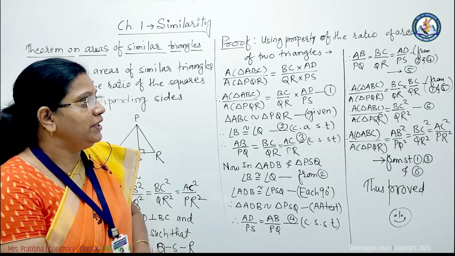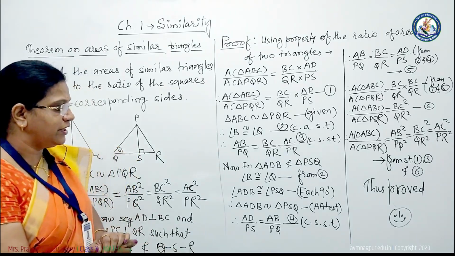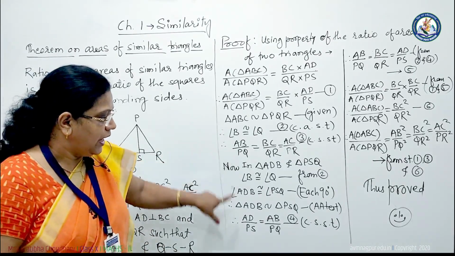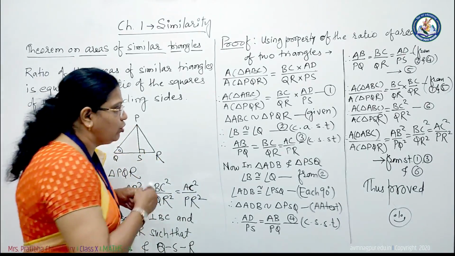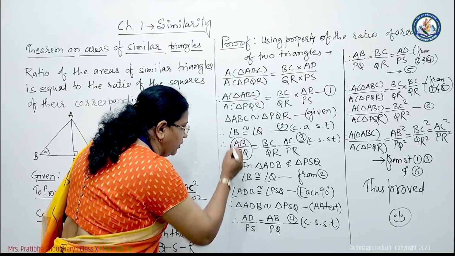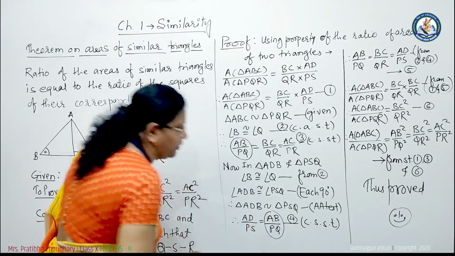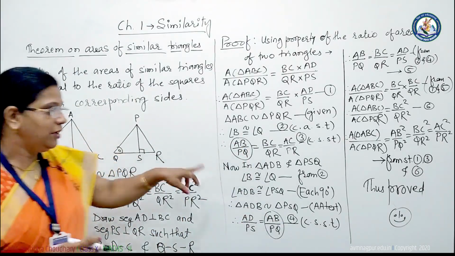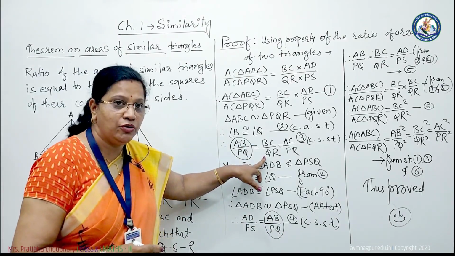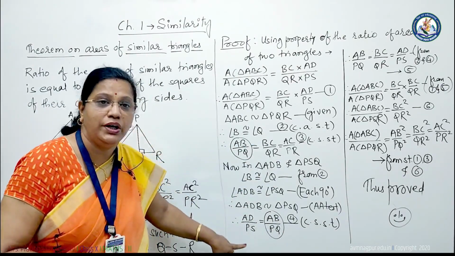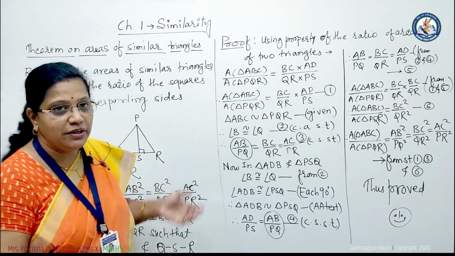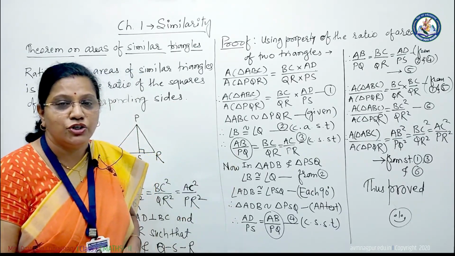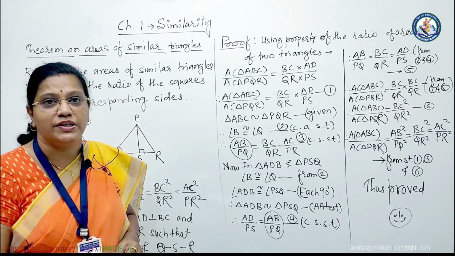After completing this, we'll compare the two statements, statement number 3 and statement number 4. You just see what is common there. You can see the common thing, AB upon PQ. AB upon PQ is equal to BC upon QR, and it is also equal to AD upon PS. So you remember the transitivity property. Here the ratio of sides is given, so we can use transitivity.